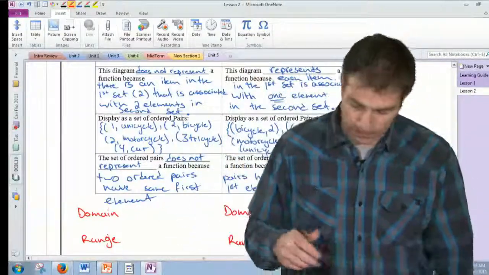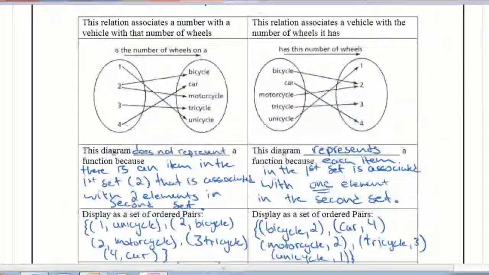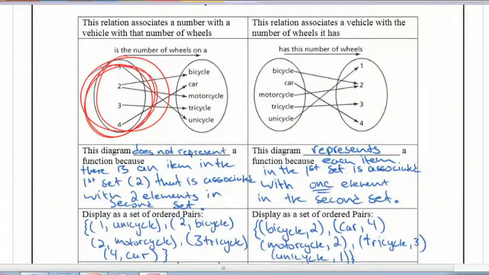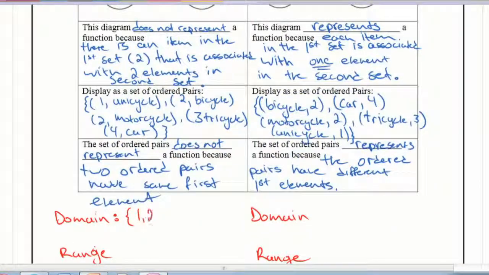So if I asked you to write the set for the domain and range for the first table here, we would go something like this. Domain, and it's a set of numbers, so we have our squiggly bracket. What were all the things in our first bubble, or our first column, or our first half of our ordered pair? So I look back up to the top, and everything in this first oval is my domain. So 1, 2, 3, and 4. So the domain was 1, 2, 3, and 4.